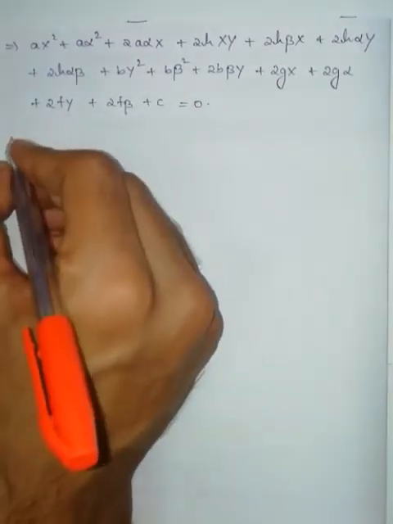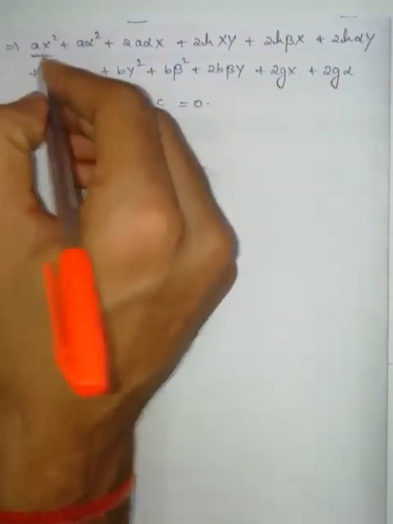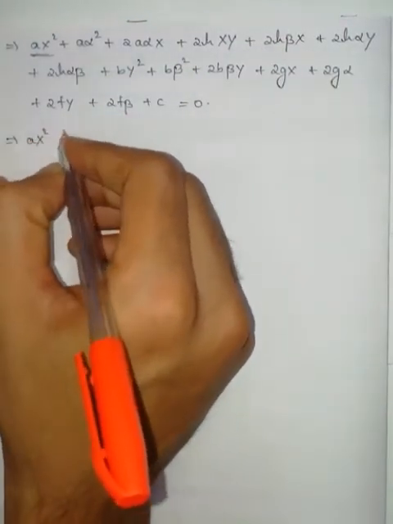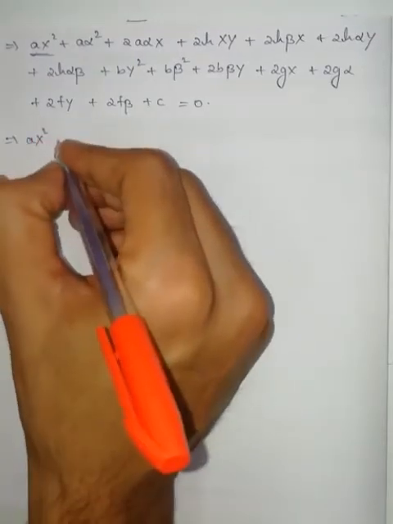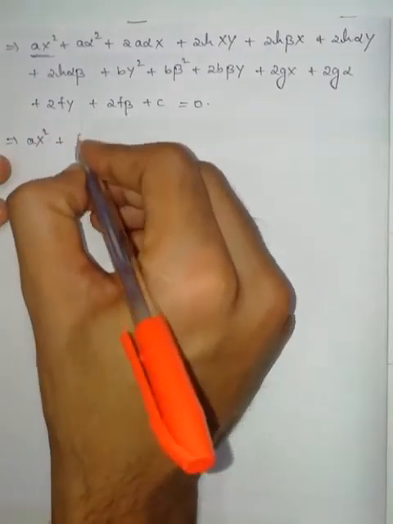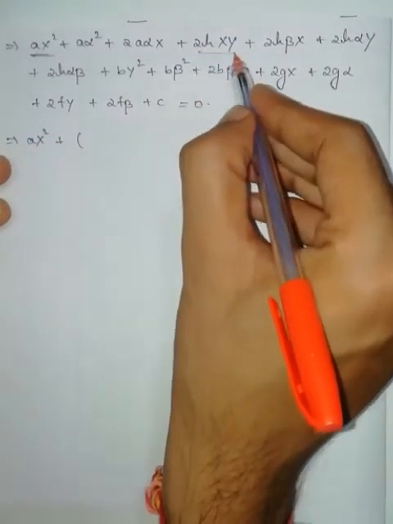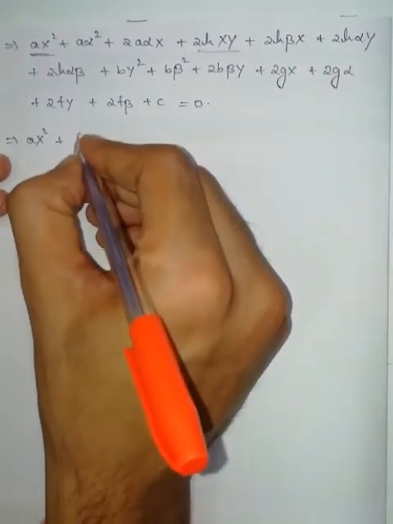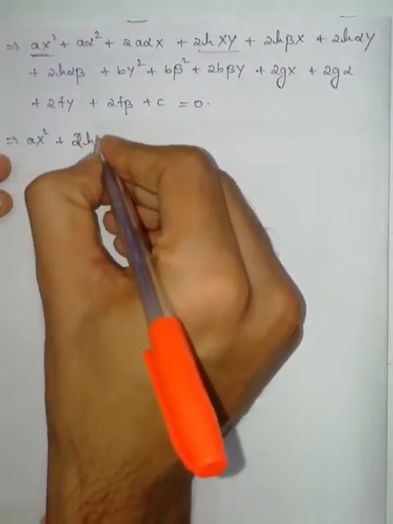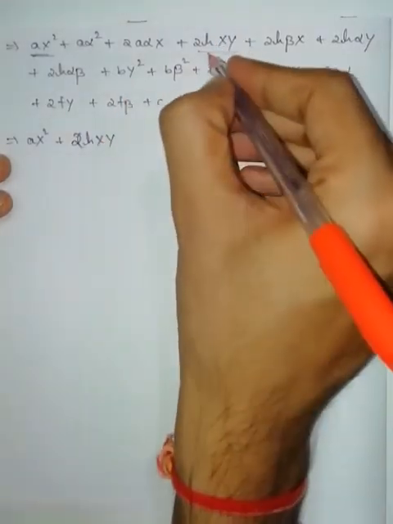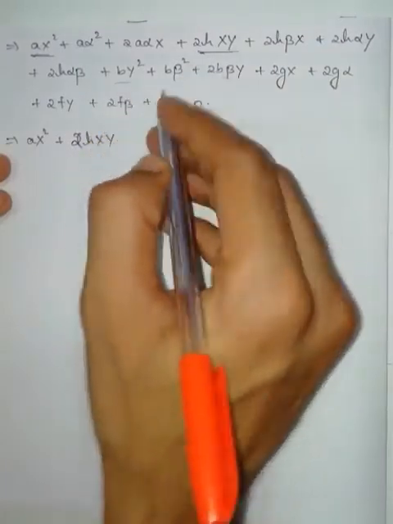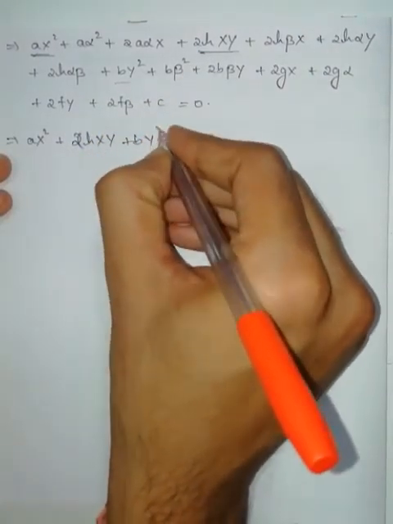Now first X square terms, only one term is there of X square in the whole equation, aX square. Now XY terms, 2hXY, only one term. Now Y square terms, Y square term is only one, plus bY square.